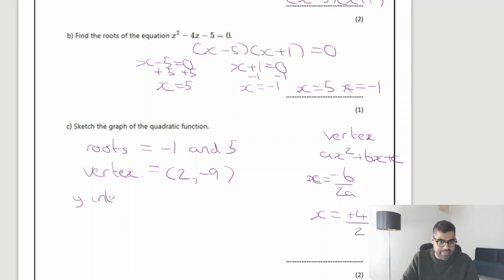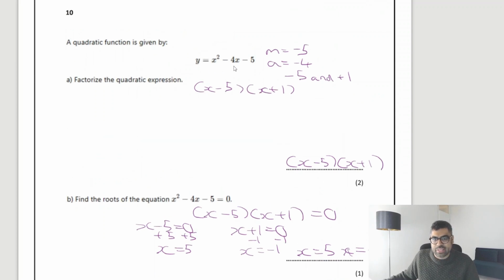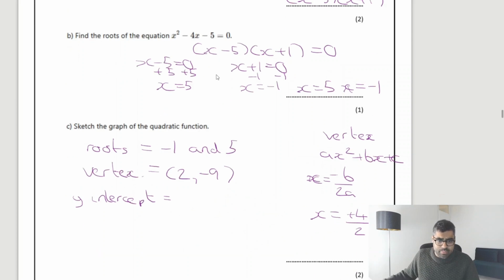Once we have this, we have enough information to then draw this out. The y-intercept is really easy. This is basically where it intercepts the y-axis, which is where x is equal to 0. So if we put 0 into our equation, we can check from part A that our equation is y equals x squared minus 4x minus 5.